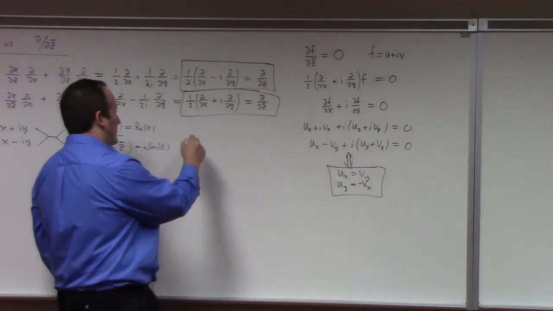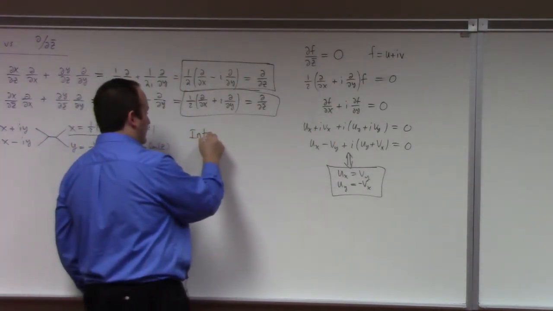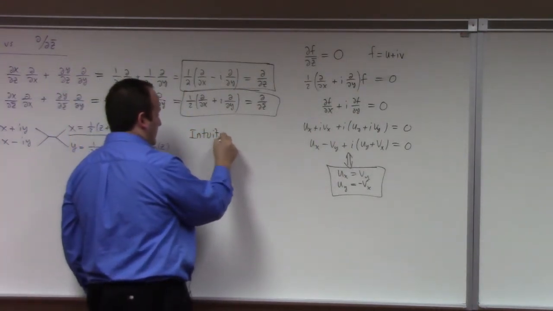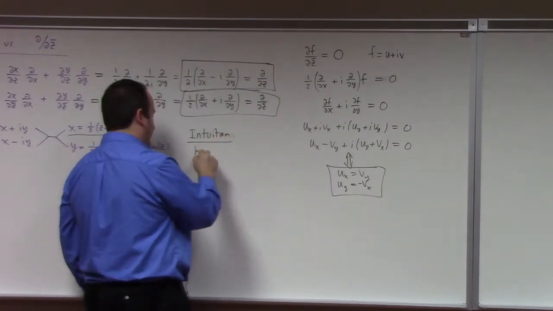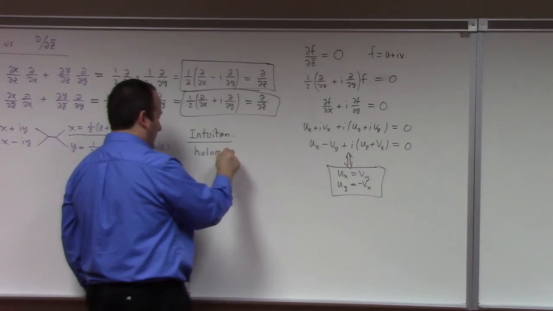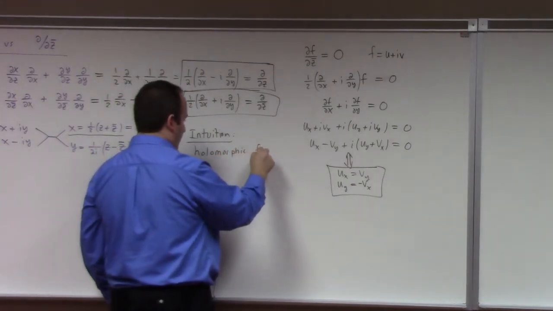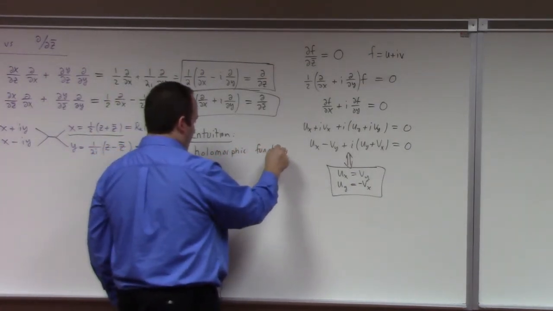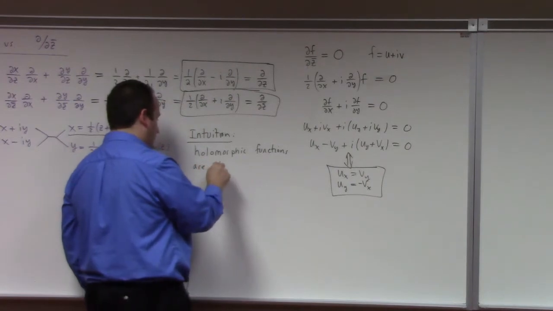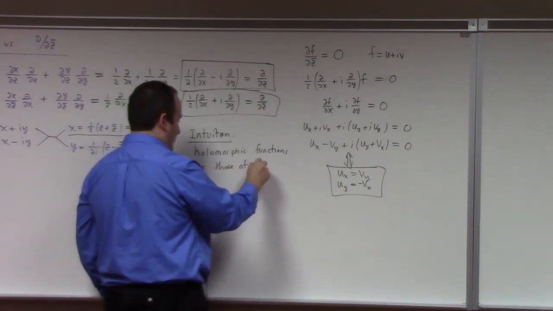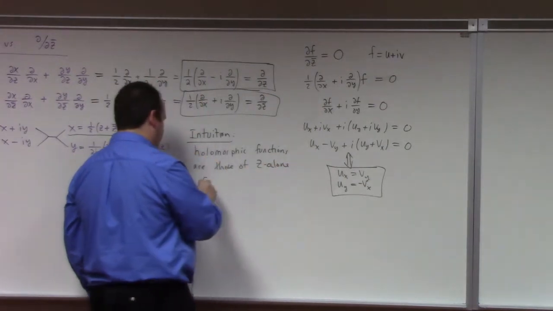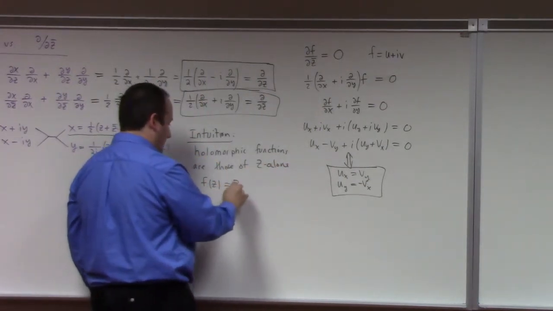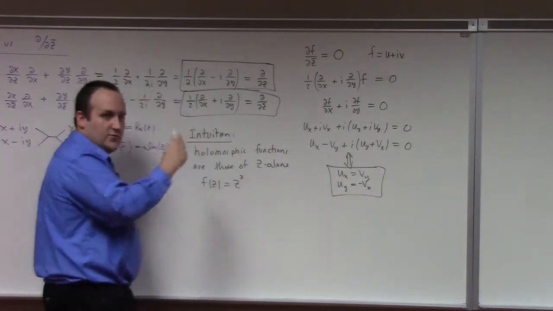So this is just sort of an intuitive idea, but actually a little more than that. So here's some intuition. Holomorphic functions are those of z alone. So for example, if I have f of z is z cubed, holomorphic.